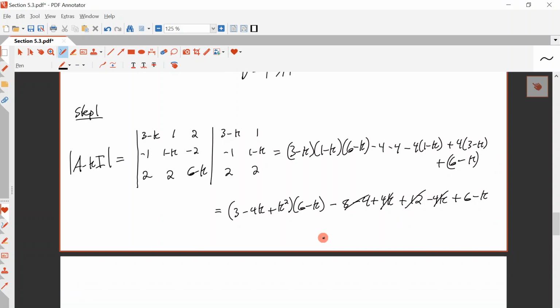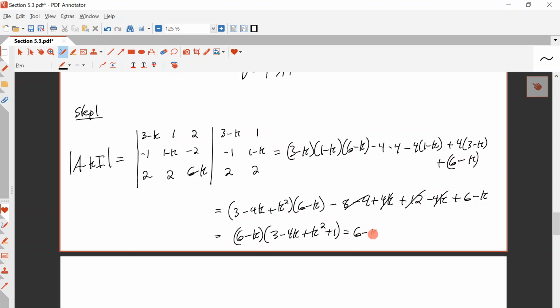So just left with a 6 minus k there. So this is equal to 6 minus k times 3 minus 4k plus k squared plus 1.